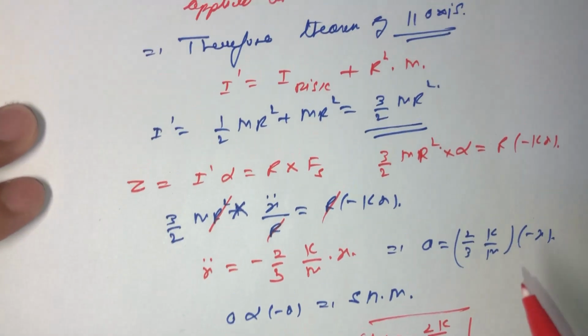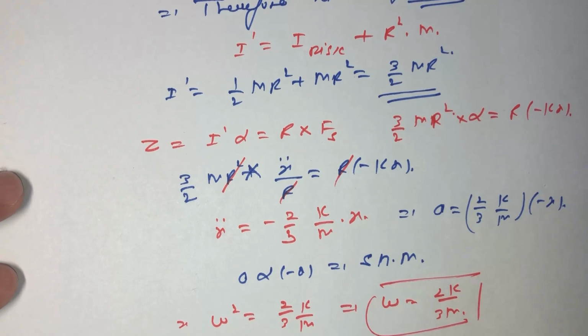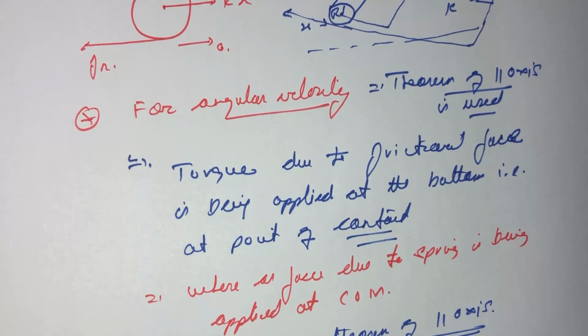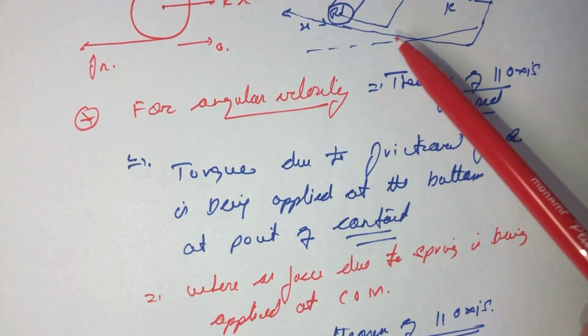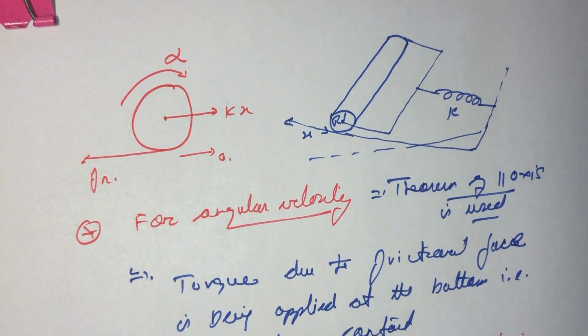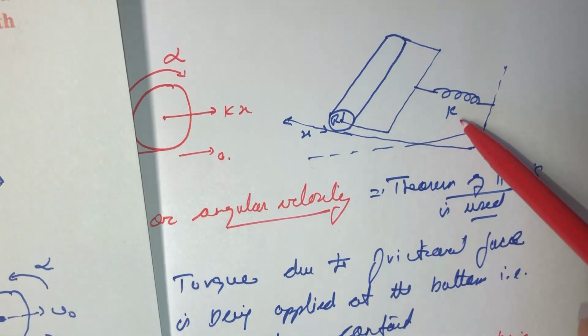Okay, so we can use the theorem of parallel axis to find out the angular velocity. So these two are different examples, but the basic approach is the same. In the previous case, which was our original question, they had two springs, but in this case there is only one spring.